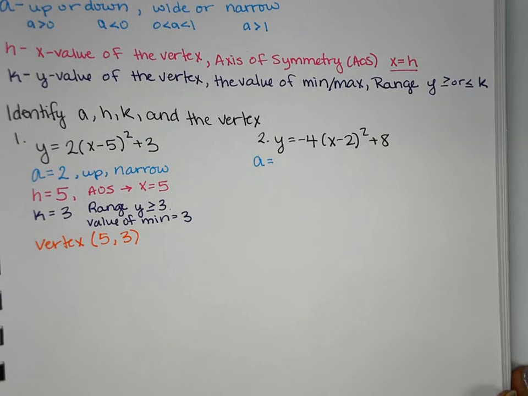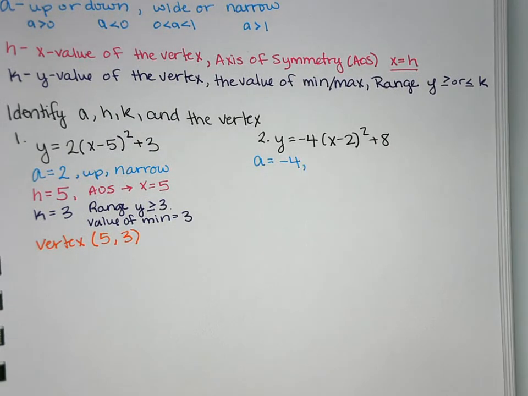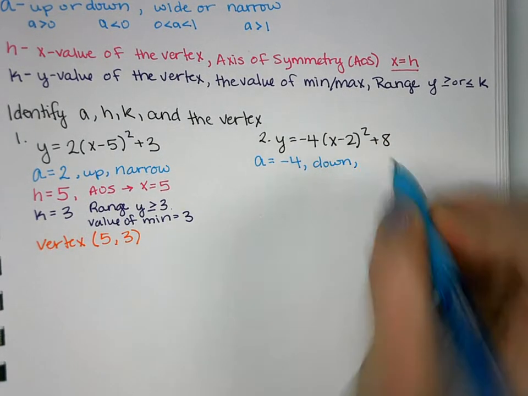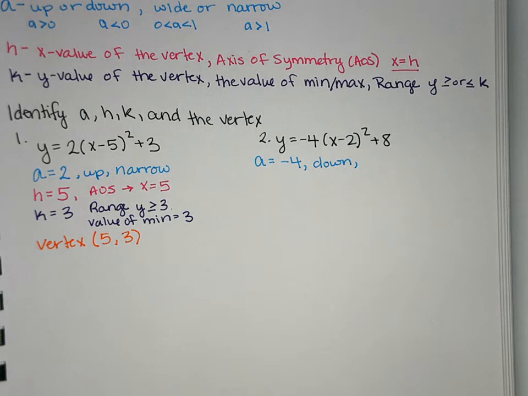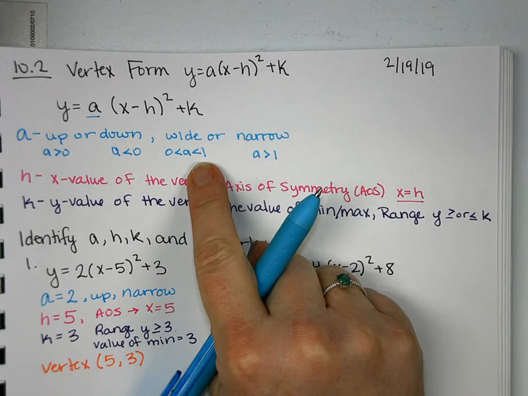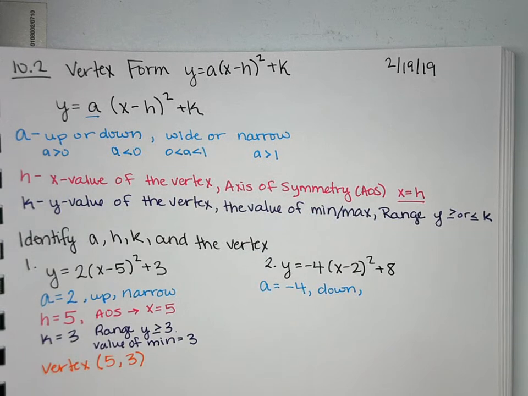Okay, so what is A? And what does it tell us? It's going to go down. Is it wide or narrow? It's narrow. When we consider wide or narrow, do you see how there's no negatives here? We're not looking at the negative, we're looking at the number, just the 4.